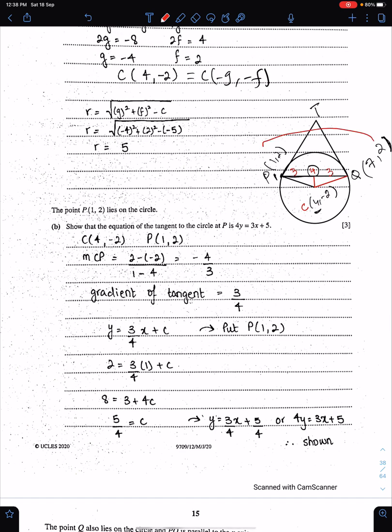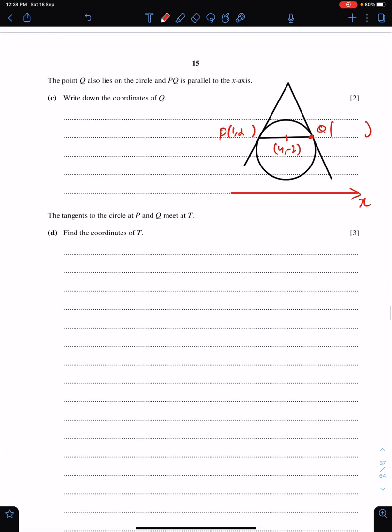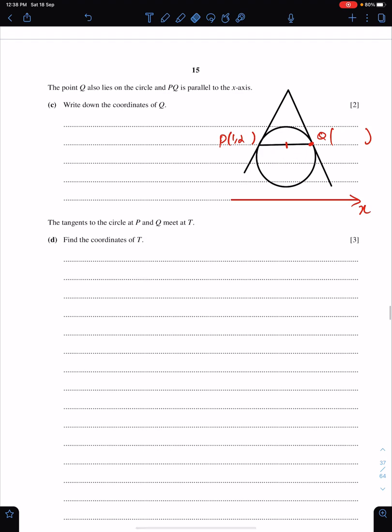Y coordinate should be 2. Yeah, it's alright. This is fine. This is not the center. Center should be here. I'm sorry, I made a mistake. Center should be here with coordinates 4, -2. This is right.